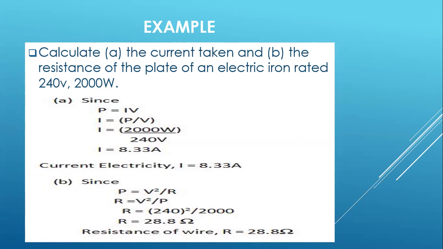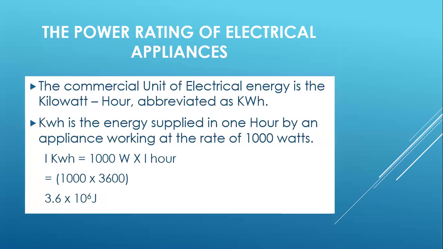You can simply practice more and more by finding various examples and questions just to get to know these kinds of questions. Moving on, let's see the power rating on the electrical appliances. Now, the commercial unit of electrical energy is the kilowatt hour, abbreviated as kWh.